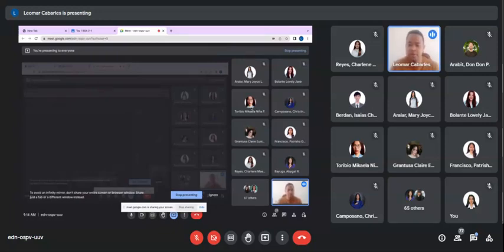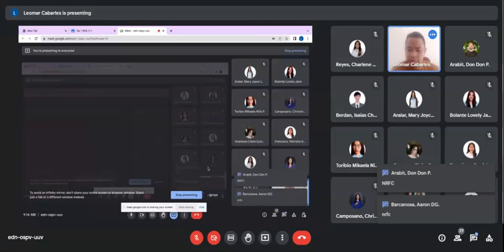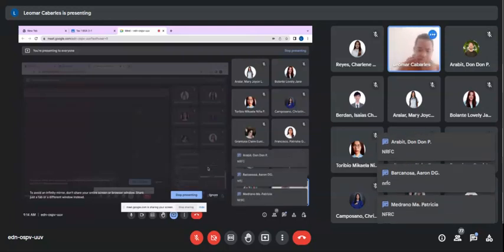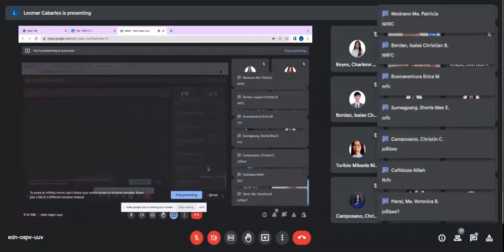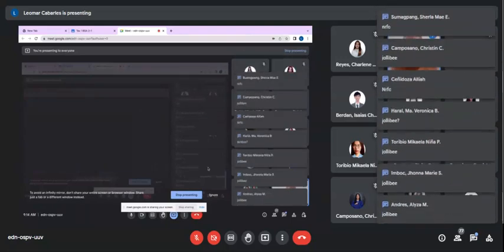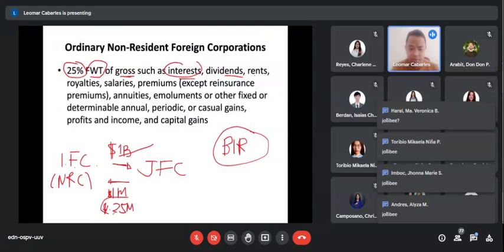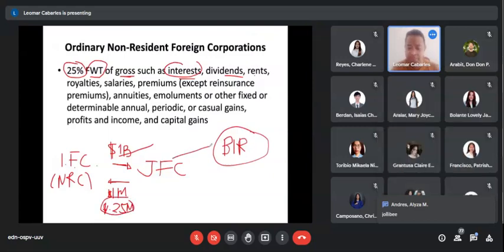In this situation, being withholding tax, whose responsibility is it to remit the $250,000 withholding tax to the BIR? Is it the non-resident, or Jollibee? Interesting. Actually, the responsibility to remit this 250,000 is Jollibee's.